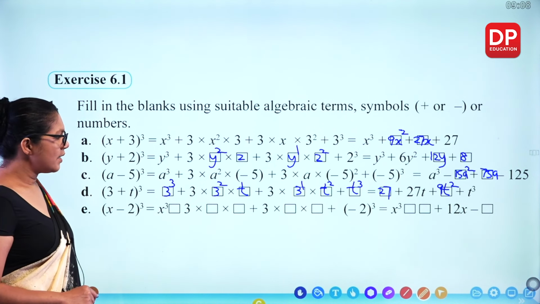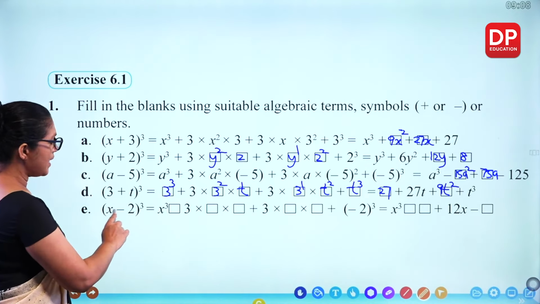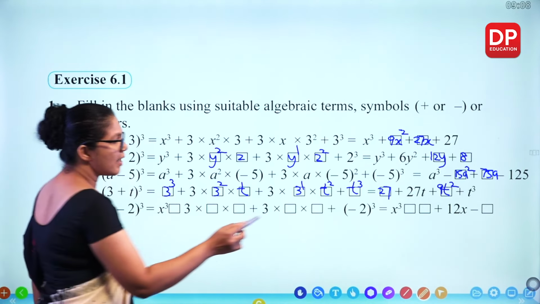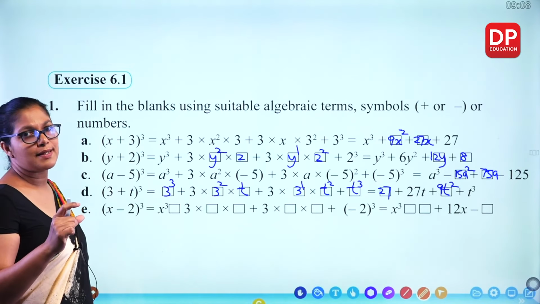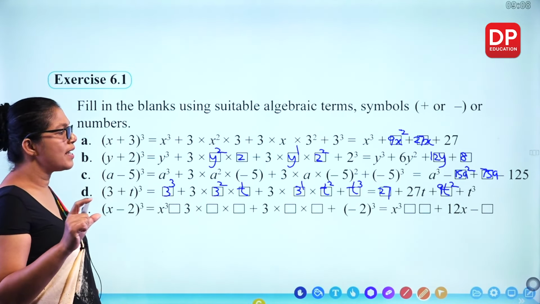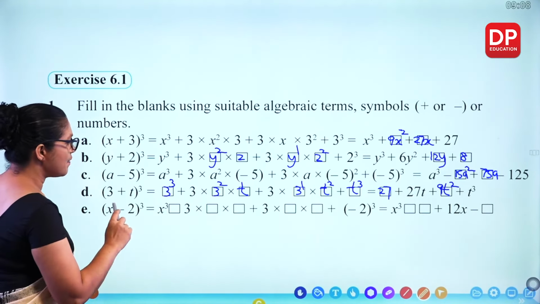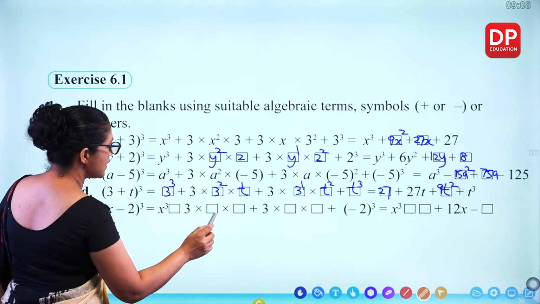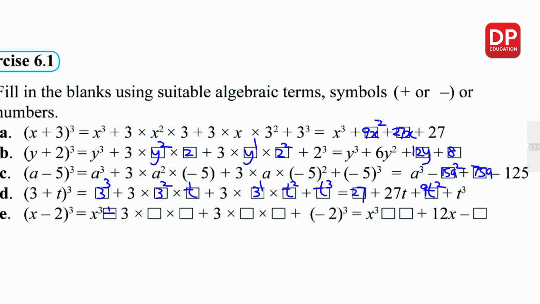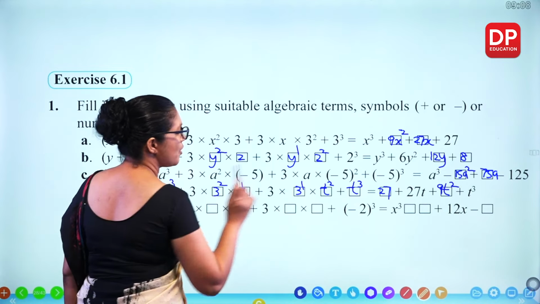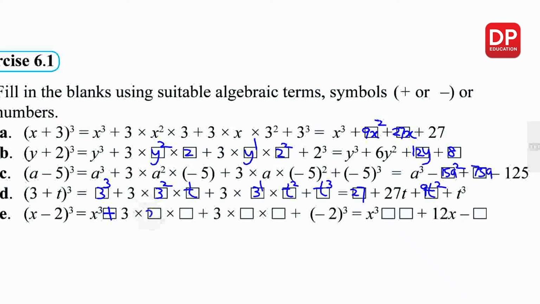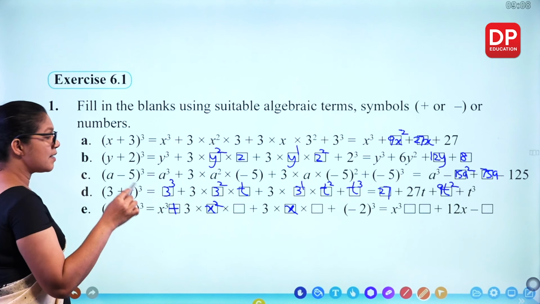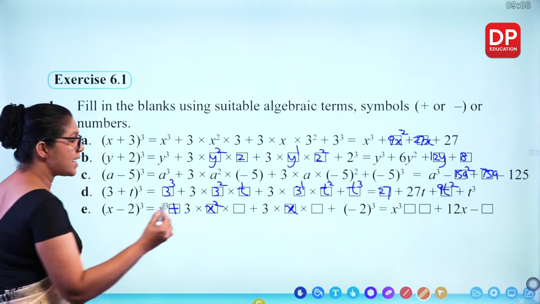Look at the last one. Here it's minus, but they have taken, now look at this term. They have taken minus 2 as the last term. So when you are taking minus 2 as the last term, make sure that you put all signs positive. Positive, positive, positive. Then first term is x. So this one reduces. You get x squared and x. Second terms you have to take as minus 2.